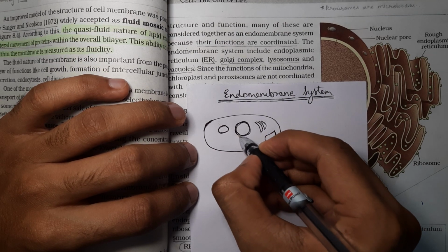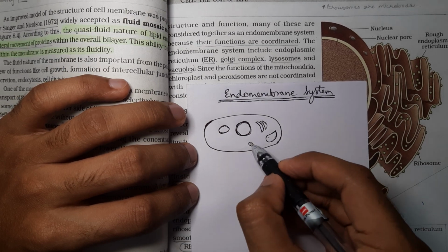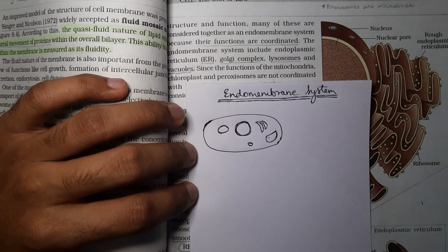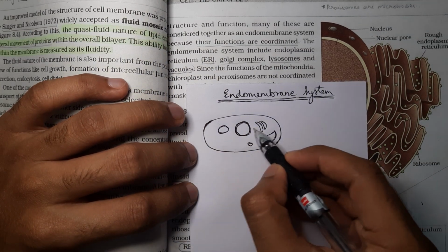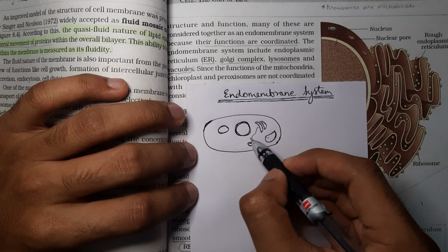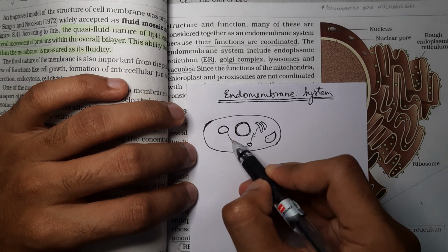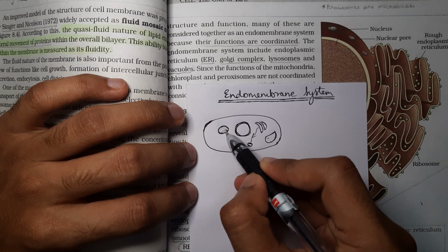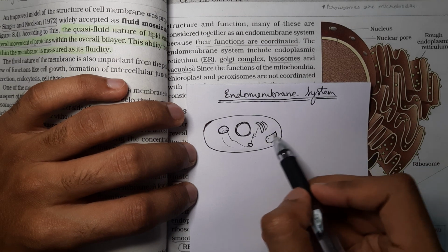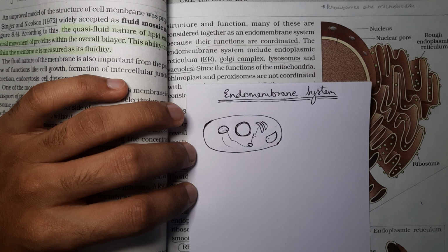Although these organelles are not in a physical group, what is happening is that what one organelle is producing, the other organelle is using to form something else, and this organelle is using that substance to form something else, and finally this organelle is producing something that the cell requires. So their functions are coordinated.